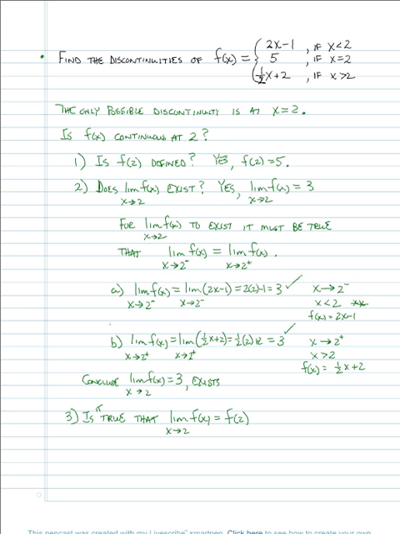Well, here's what we know. The limit of f of x as x approaches 2 is equal to 3. But f of 2, we saw above, is equal to 5. And so this is not true, is it? The answer here is no. And if this answer is no, it fails that third condition. So we only had to fail one condition, but it was the last condition it failed.